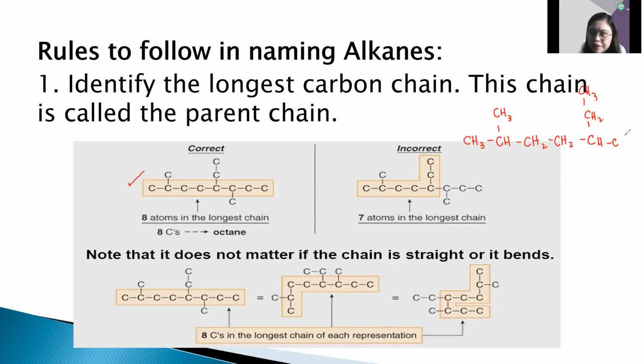Pinili ko lang yung mga hydrogens. So CH, CH3, CH2, dire na lang sa taas, CH3. Ito, alkane ito talaga kasi single bond lang. So alam na natin yung ating ending ng name, it's an ane.